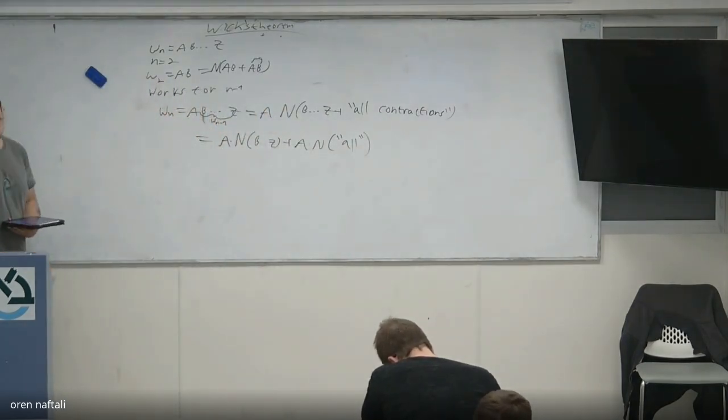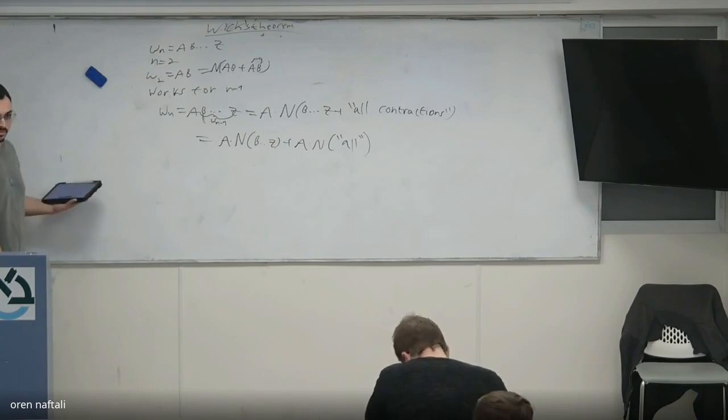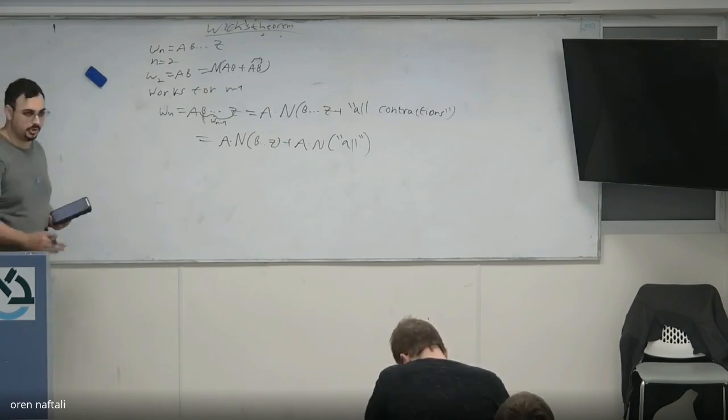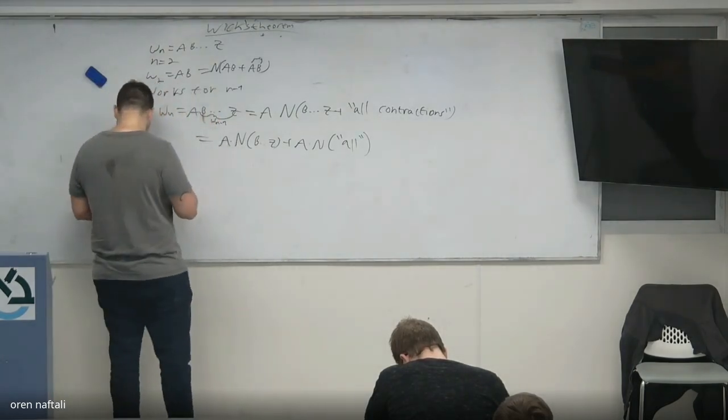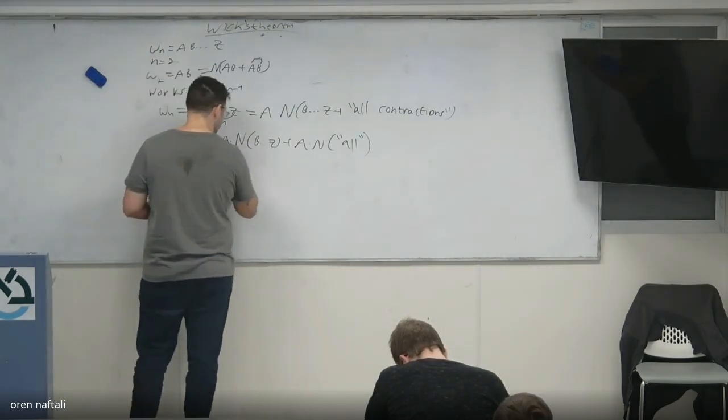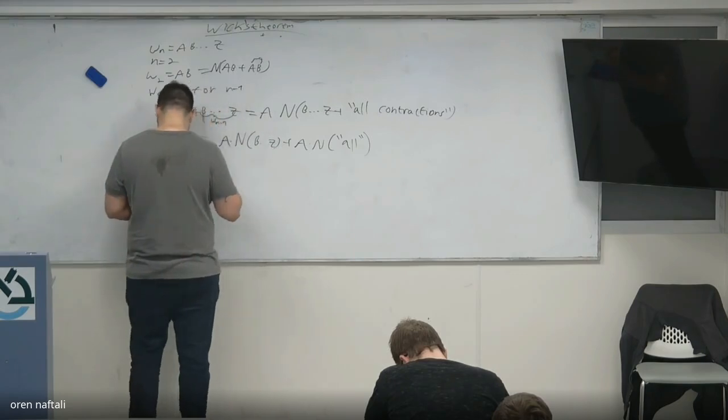Now we have two possibilities. Either A is a creation operator, and then we're done. Or it's not a creation operator, and we need to switch it around. So let's start with this term right here. Well, that's actually the right one.